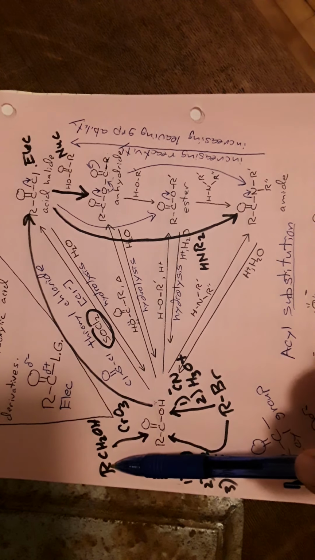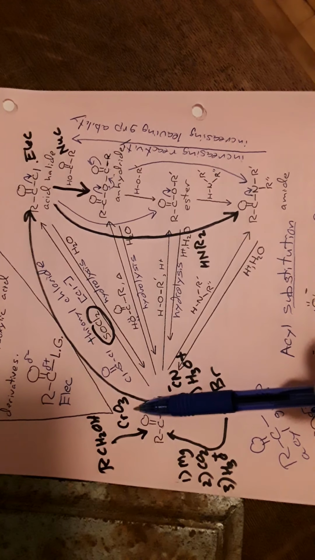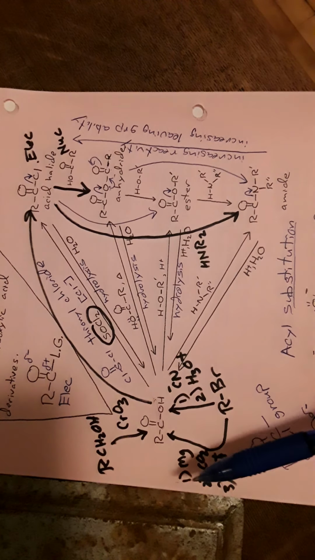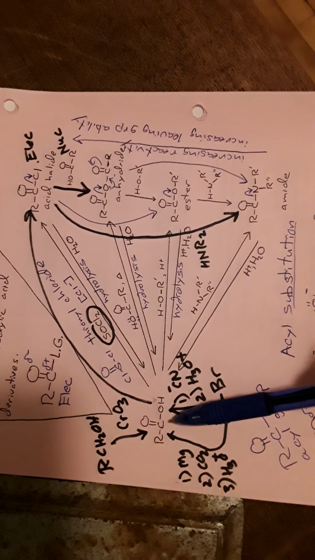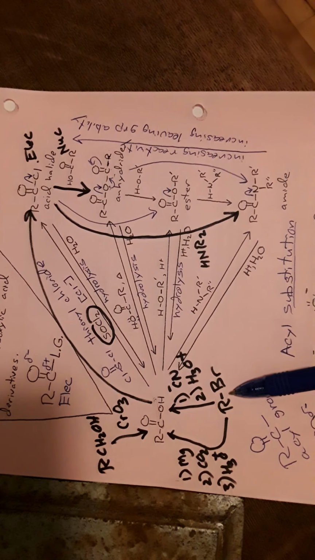If you want to simply oxidize a primary alcohol, you can do that with a strong oxidizing agent: chromium trioxide, permanganate, dichromate. If you want to add an extra carbon, you can start with an alkyl halide, one carbon shorter.